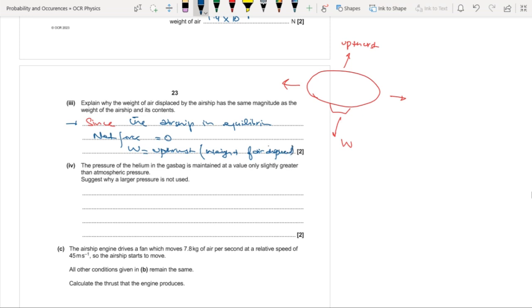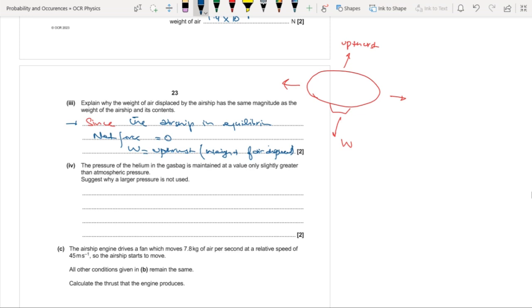All right, moving on. The pressure of the helium in the gas bag is maintained at a value only slightly greater than the atmospheric pressure. That is why larger pressure is not used. Well, if a larger pressure is used, or the pressure of the gas bag is increased, obviously the volume would not increase because of the physical limit. And if the volume is not increased, the upthrust would not increase.